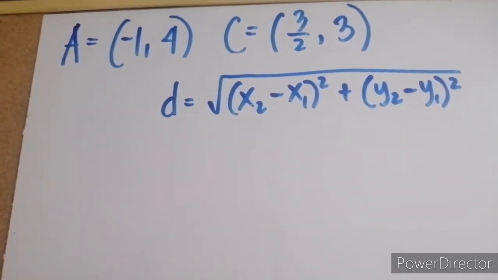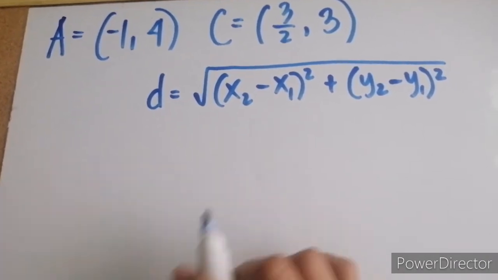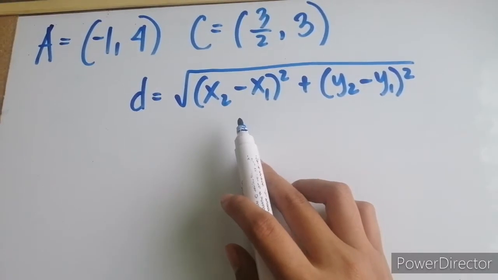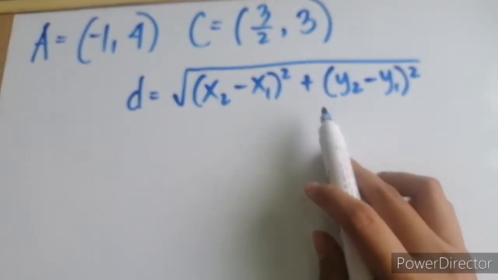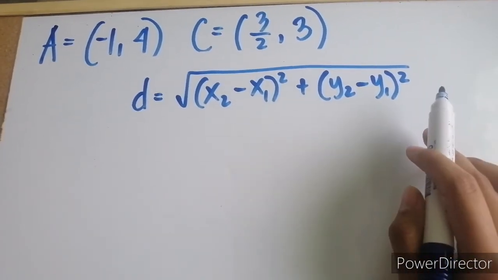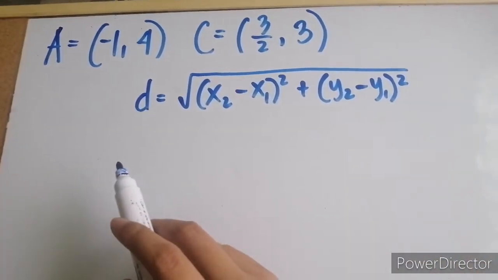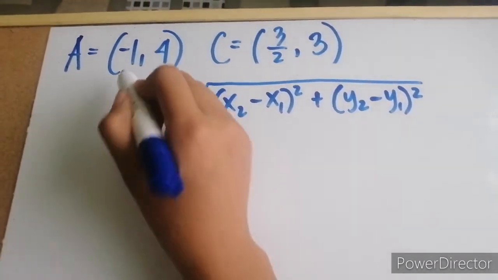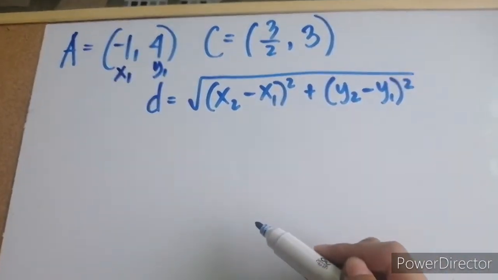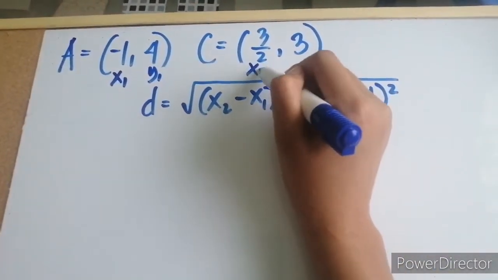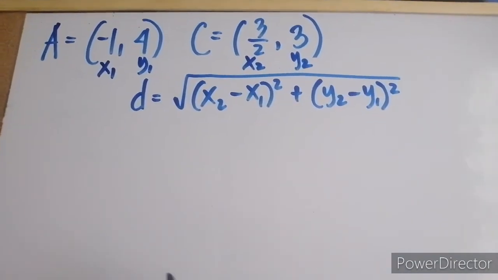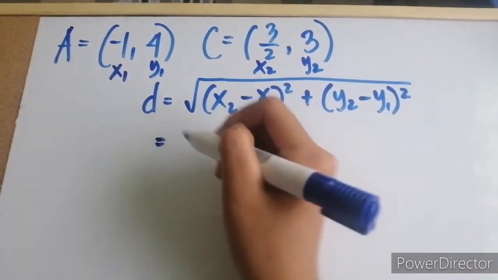The formula for our distance is the square root of the quantity of x sub 2 minus x sub 1 squared plus the quantity of y sub 2 minus y sub 1 squared. Let A be our first point, this will be x sub 1 and y sub 1, and our C will be our x sub 2 and y sub 2. Our C is our second point. So let's try to solve.